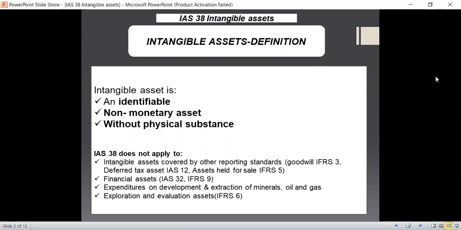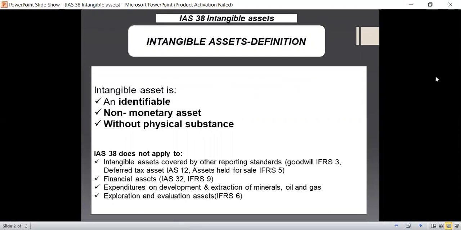You should also consider here that only purchased goodwill is recognized in our books of accounts as per the requirements of the standard. We cannot record or recognize internally generated goodwill in our books of accounts. But it is covered by IFRS 3 business combinations, which we will be discussing later.